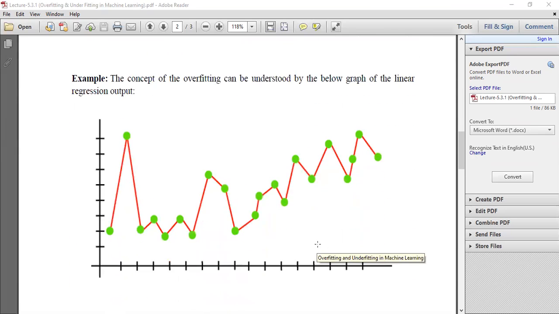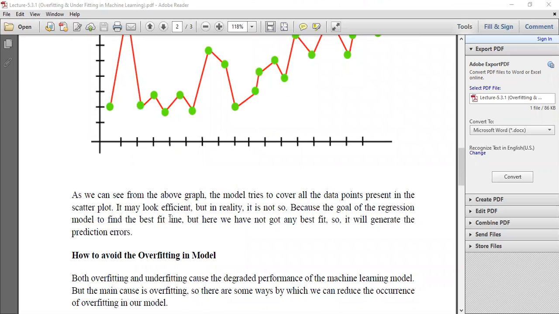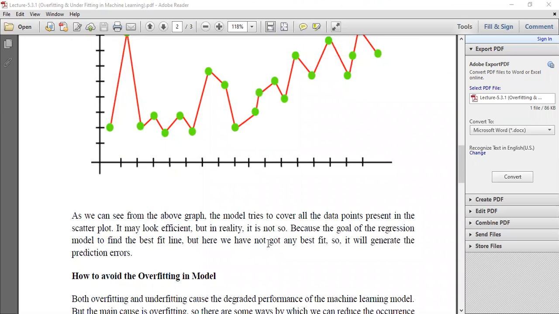For example, the concept of overfitting can be understood by the below graph of linear regression output. These are the data, and this is the line which crosses all data sets. As we can see from the graph, the model tried to cover all the data points present in the scatter plot.